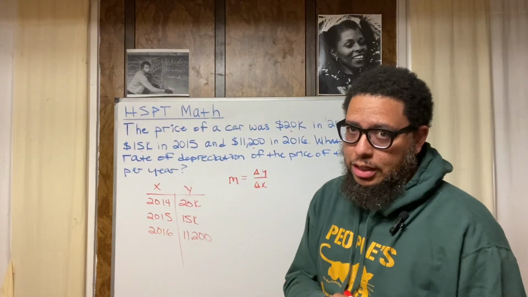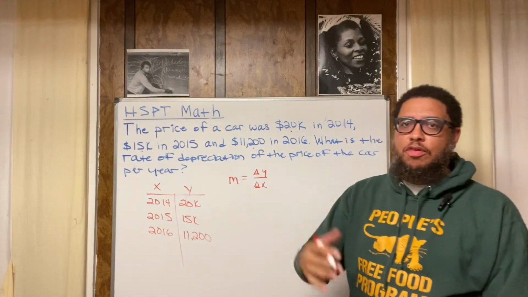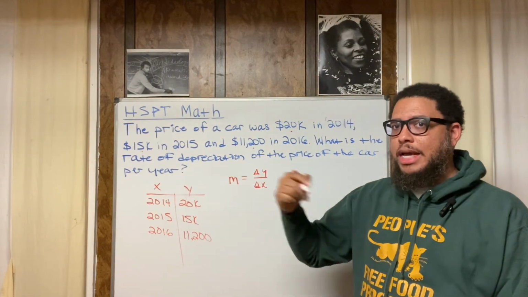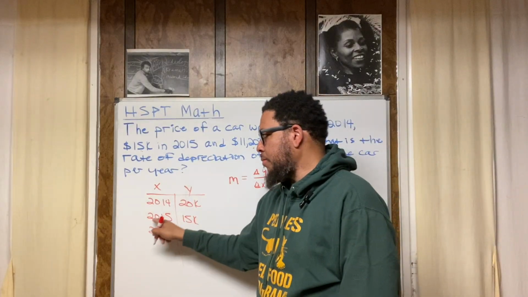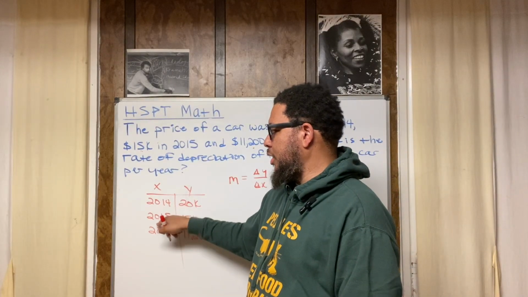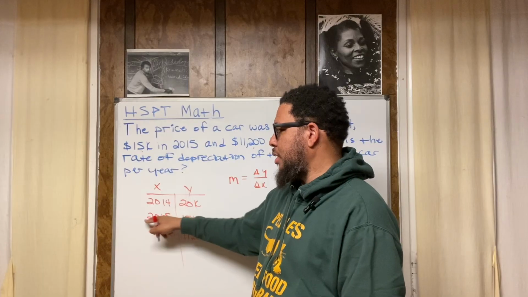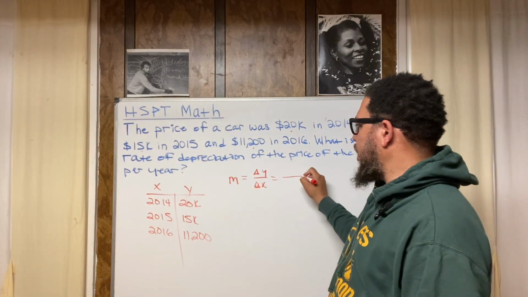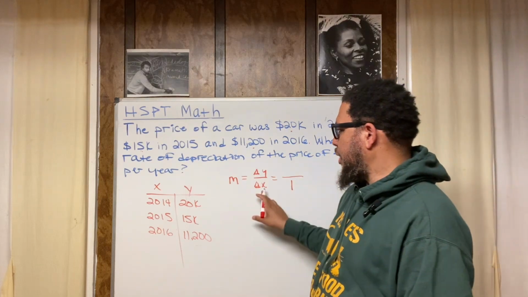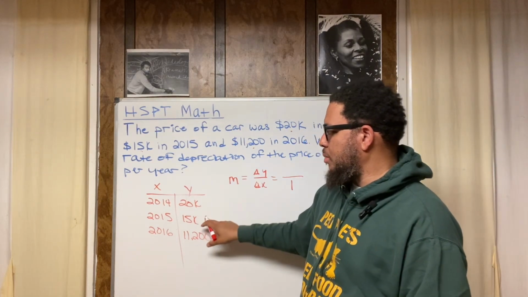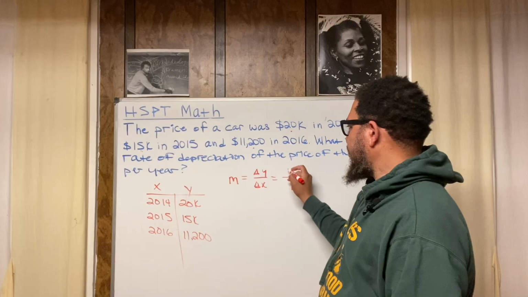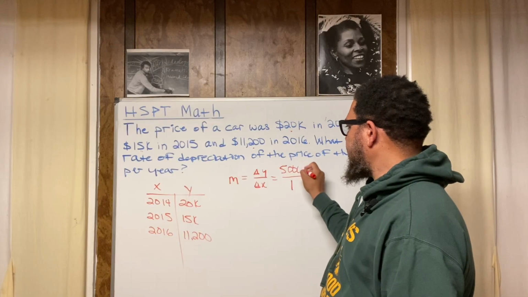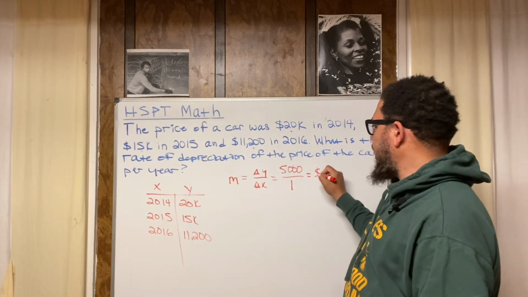So you find out how much something changed by finding the difference. The difference is the result you get when you do subtraction. So between these 2 years, 2015 minus 2014 is 1. Boom. That goes in the denominator. Then 20,000 minus 15,000 is 5,000, right? So it's a change of $5,000.